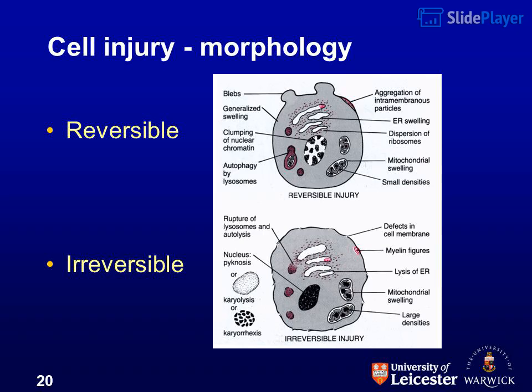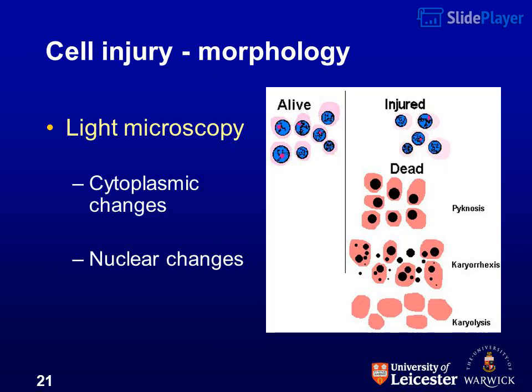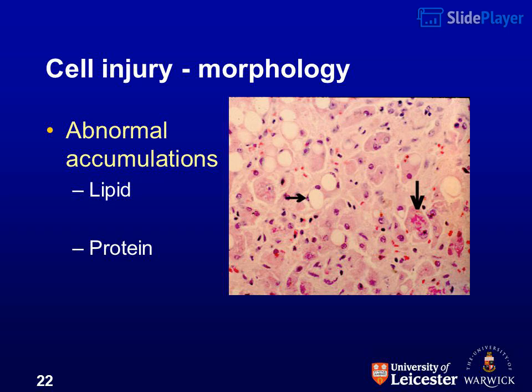Cell injury, morphology. Reversible. Irreversible. Light microscopy: cytoplasmic changes, nuclear changes.